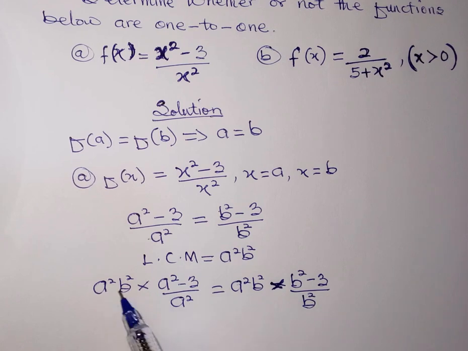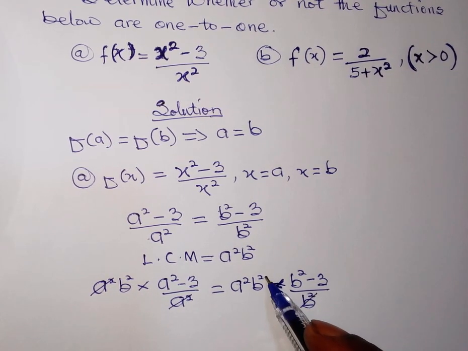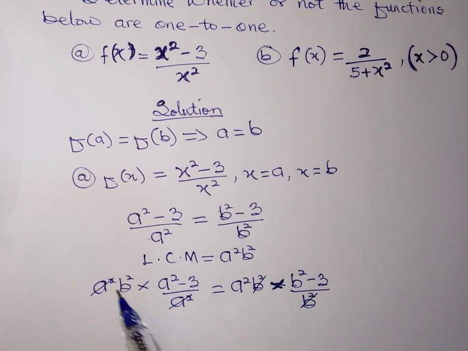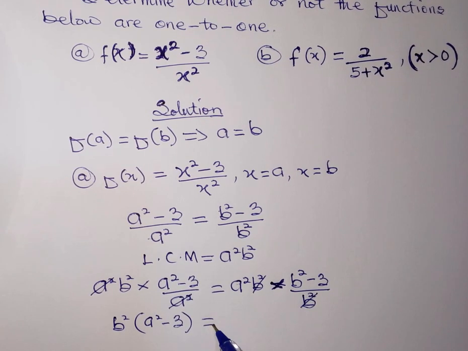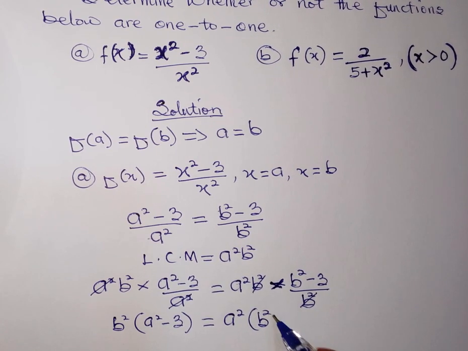Once I multiply, I'll only look at what is here and cross this out. I'll also cross this out because they are common. I will be left with b squared multiplying a squared minus 3, which is equal to a squared multiplying the expression b squared minus 3.